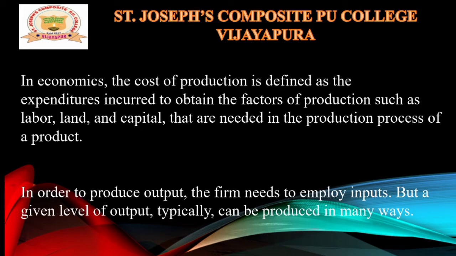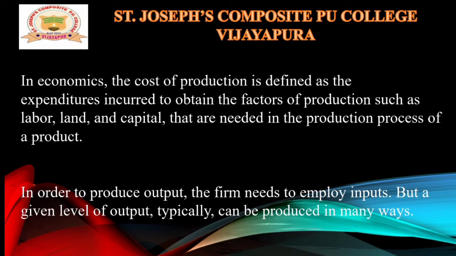In economics, the cost of production is defined as the expenditures incurred to obtain the factors of production such as labor, land, and capital that are needed in the production process of a product. So you know the factors of production: land, labor, capital, and organization.